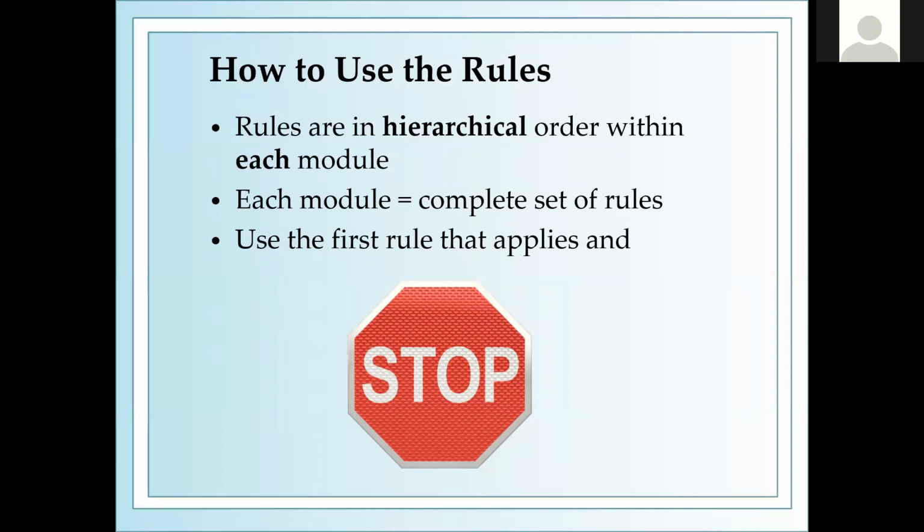We have a single tumor or multiple tumors. Once we get to the rule that applies to our case, we stop, and that is the rule we use. Do not, and I repeat, do not continue to see if a different rule fits better. That is not how these rules were written to work.